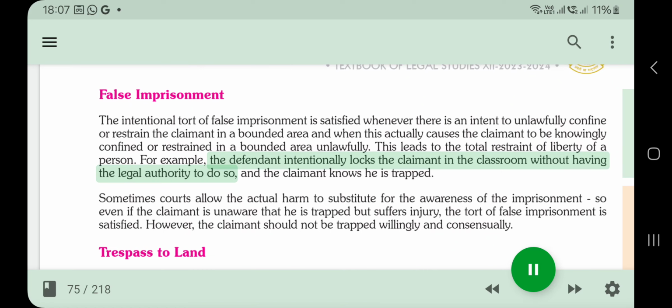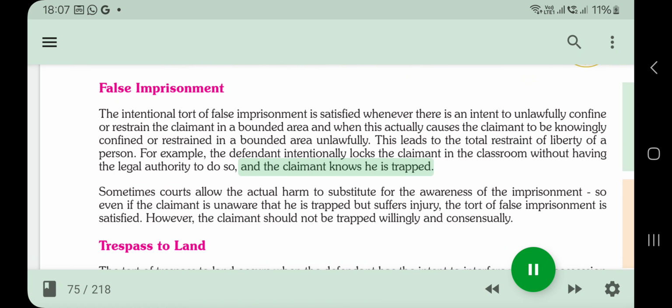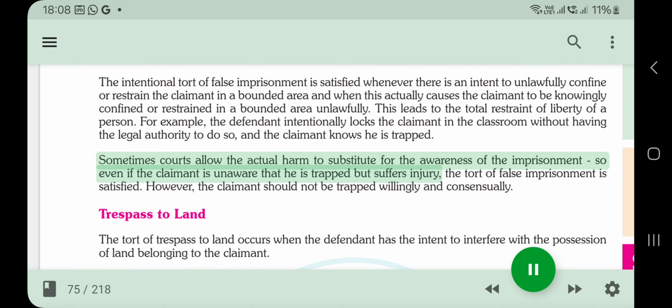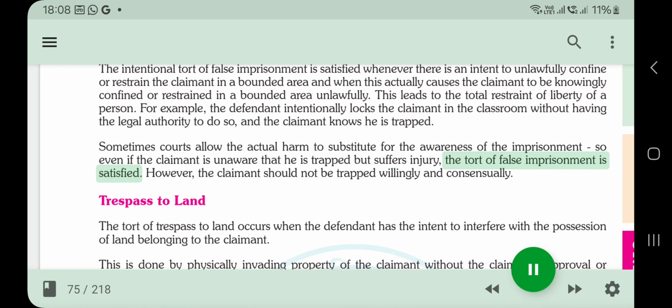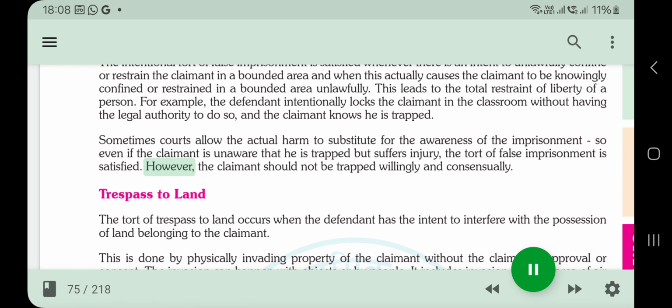For example, the defendant intentionally locks the claimant in the classroom without having the legal authority to do so, and the claimant knows he is trapped. Sometimes courts allow the actual harm to substitute for the awareness of the imprisonment, so even if the claimant is unaware that he is trapped but suffers injury, the tort of false imprisonment is satisfied. However, the claimant should not be trapped willingly and consensually.